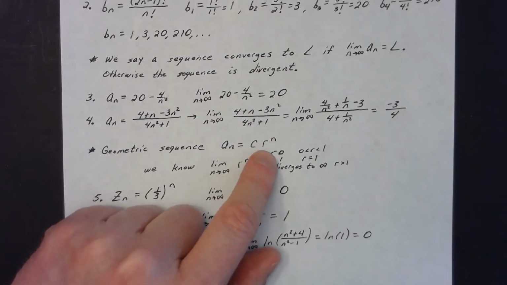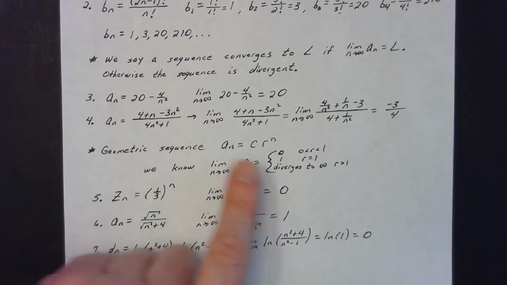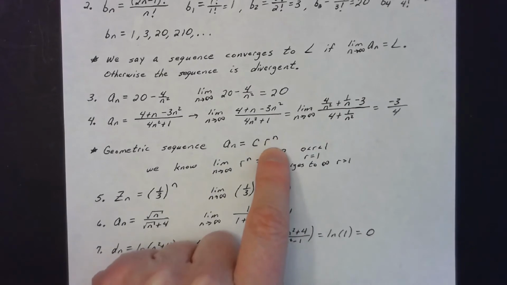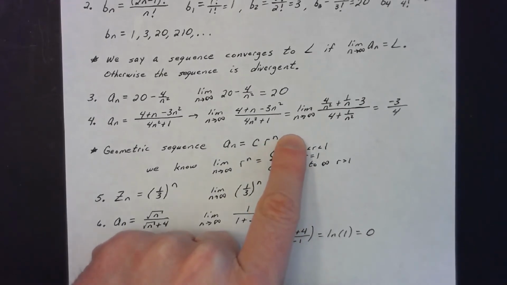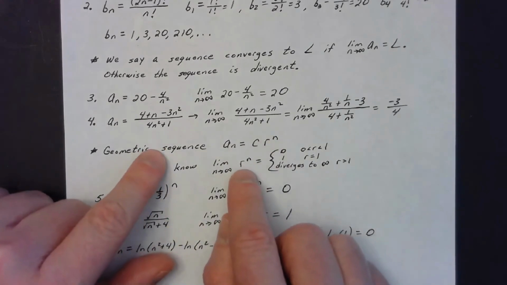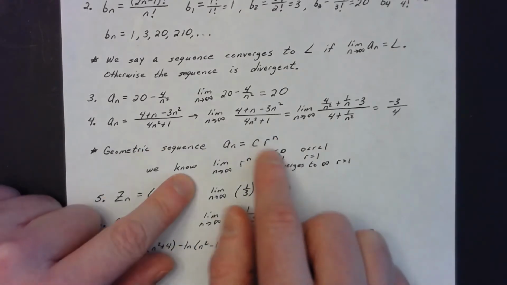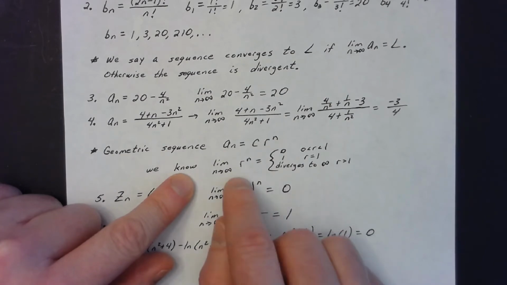The c is really not relevant to whether or not it's going to be convergent or divergent. What's relevant is what's happening to that exponential function, what's happening to that base r raised to the power of n. So in this geometric sequence, this is going to be your convergence divergence rule.